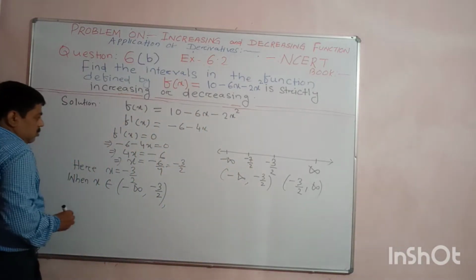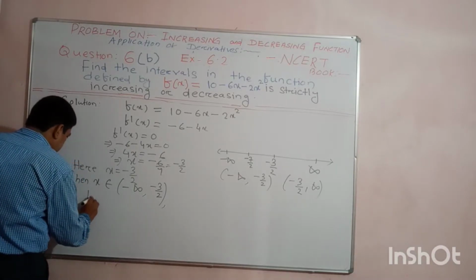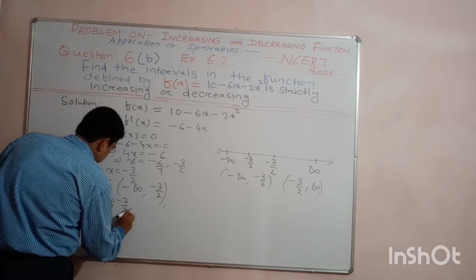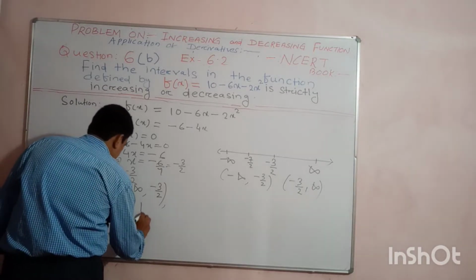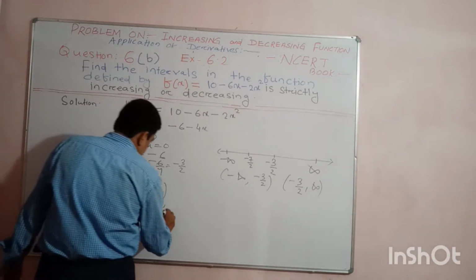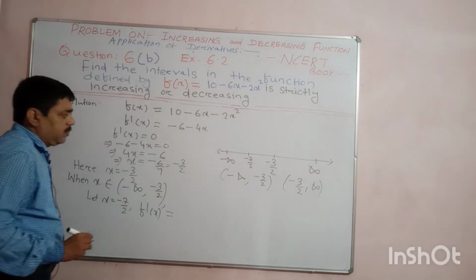So let x be equal to minus 7 upon 2. Then putting the value in the derivative f dash x, we shall get the slope of the function.